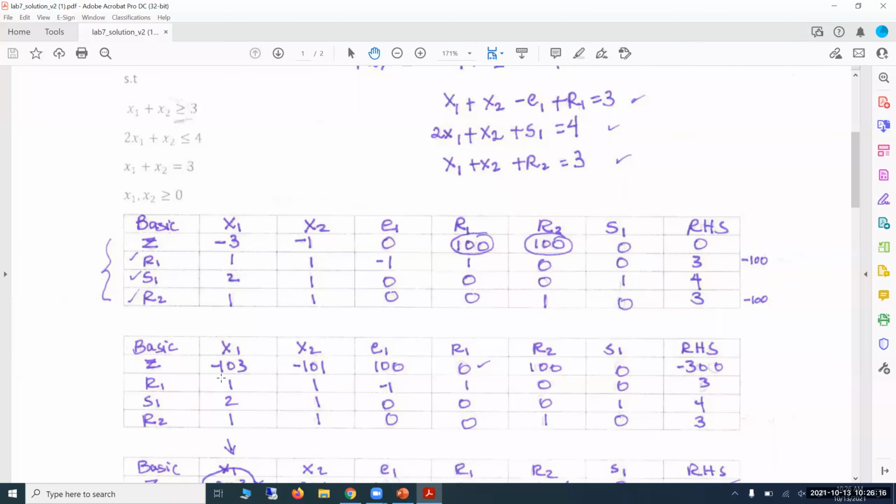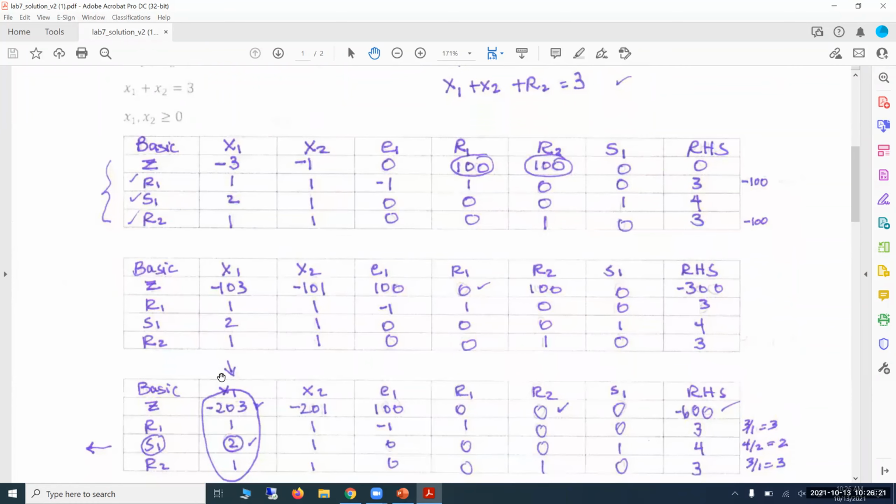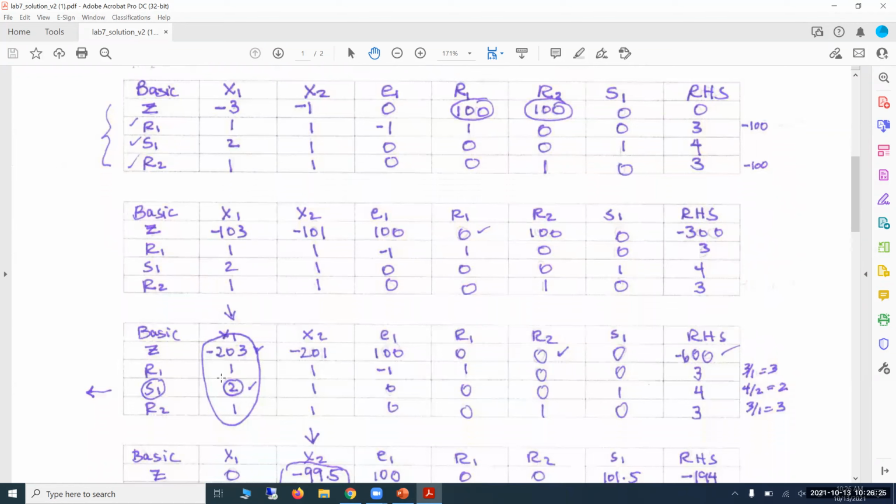So in that case, after performing the second step, you should have something like this. And then the largest negative coefficient is X1. Then you perform the minimum ratio test. The minimum will be 2, so S1 will be leaving the solution.